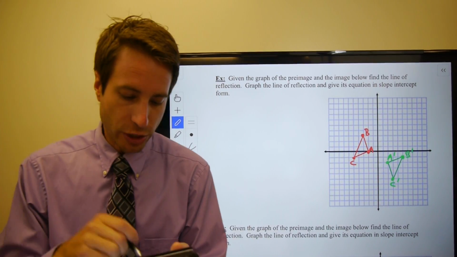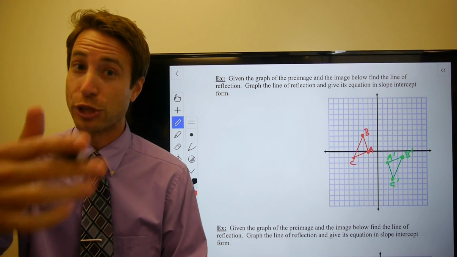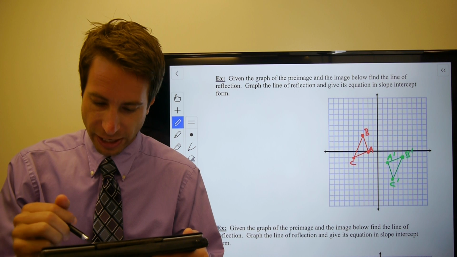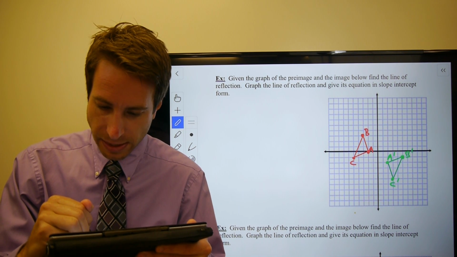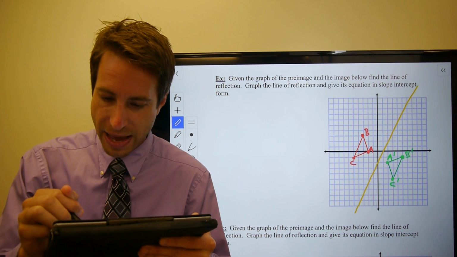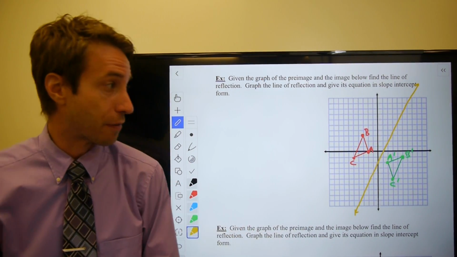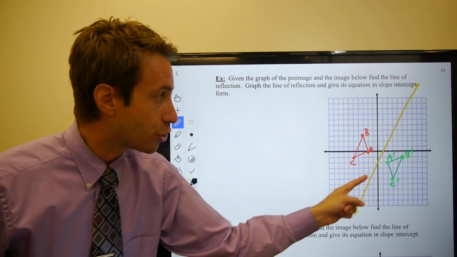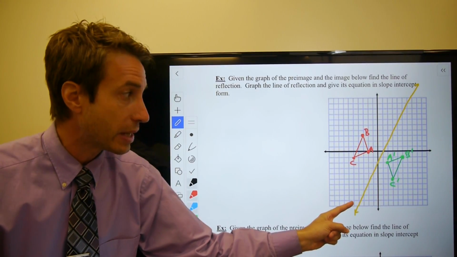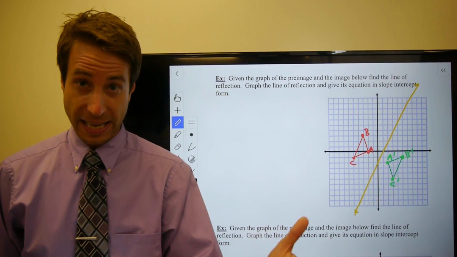Now, I'm just going to draw a line in there which I'll erase because this won't actually be the line of reflection, but I imagine it looks something like right through there. I'll erase that because I'm actually going to find the line of reflection. But my line of reflection should run right down the middle between those 2 figures.